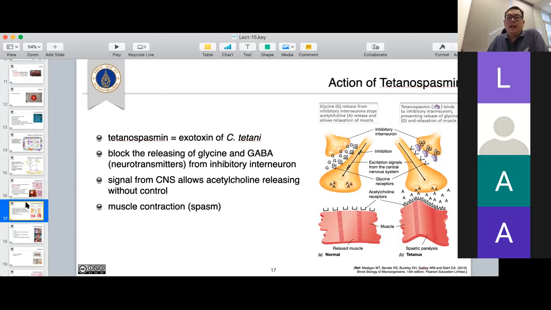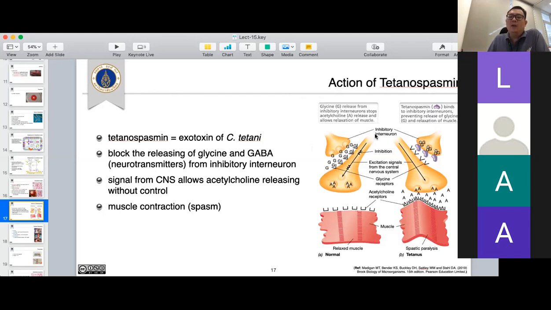Okay, let's see this picture. This is the axon bulb of one neuron, and this is the axon of another neuron. This is a motor neuron because it sends the nerve impulse to activate muscle.